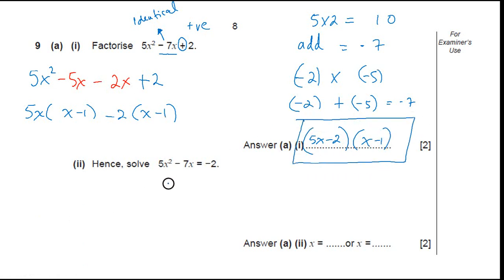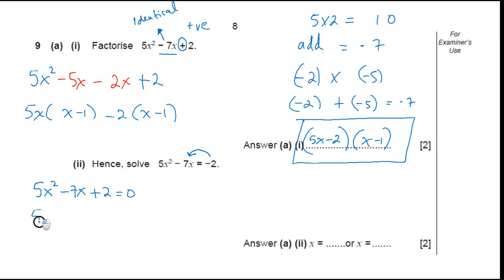Now they tell you to solve. Do you see that if you bring this negative 2 back, because quadratic equations should equal to 0, this is the same then as 5x squared minus 7x plus 2 equals to 0. But we already know what the factors are from our previous answer.